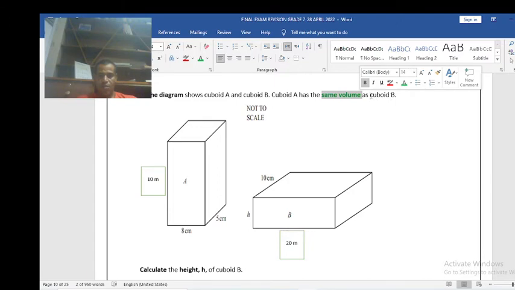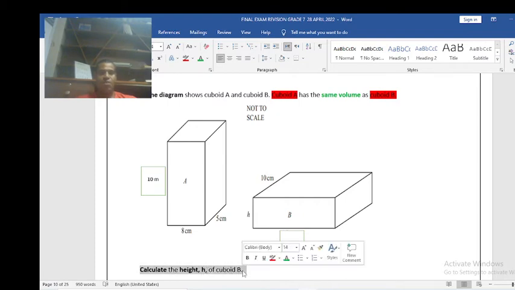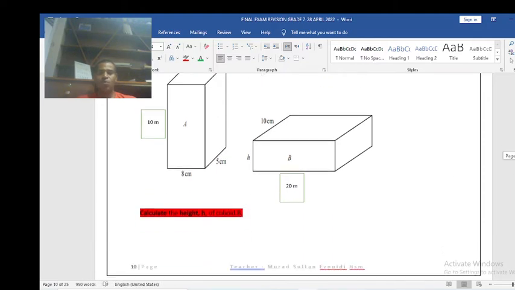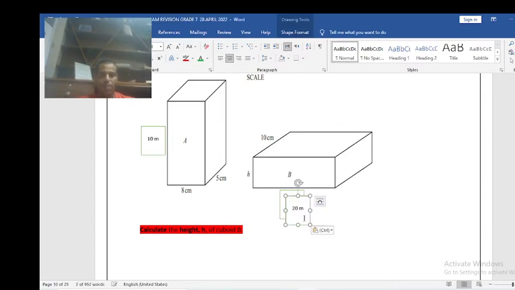The question is to calculate the height of cuboid B. It's easy, both cuboids are equal. I will write here and paste it with Control V.